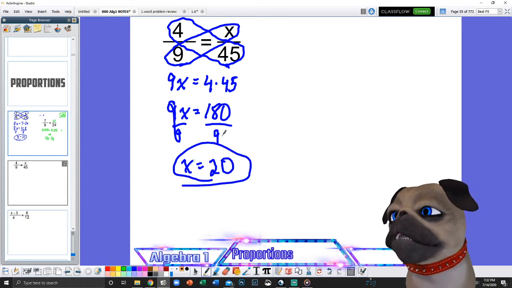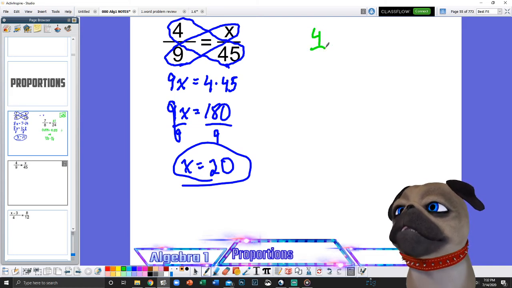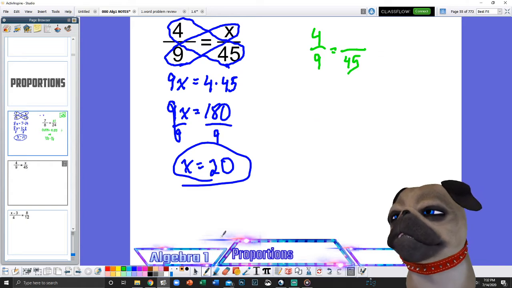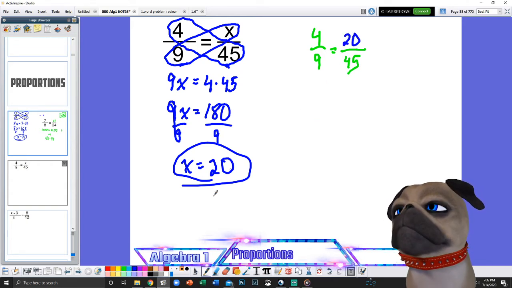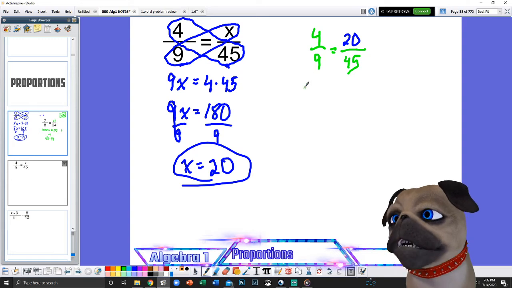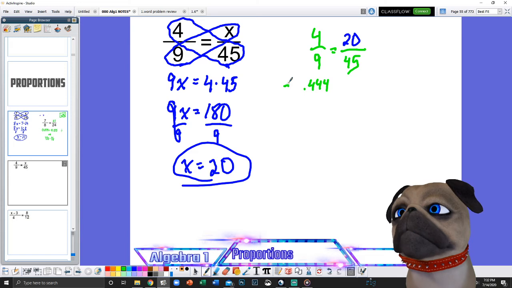Great! Oh, so easy to check your answer. 4 over 9 equals blank over 45. What goes in the blank? 20. So on my calculator, I do 4 divided by 9, and that gives me 0.4 repeating if you did divide by.